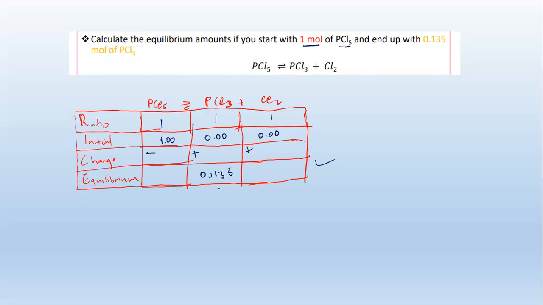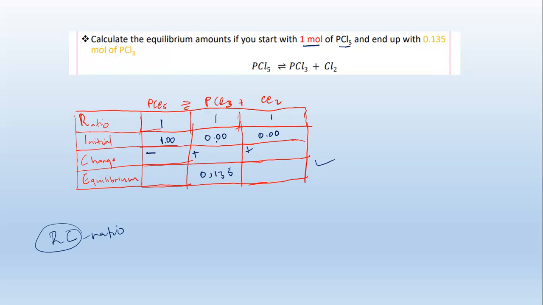So now we need equilibrium for this and for that. But to get equilibrium for this, we need this so that we can say 1 subtract this, we get that. Same applies here: this plus this, we get that. So this is easy. We have to determine this so that we can use our RC ratio.